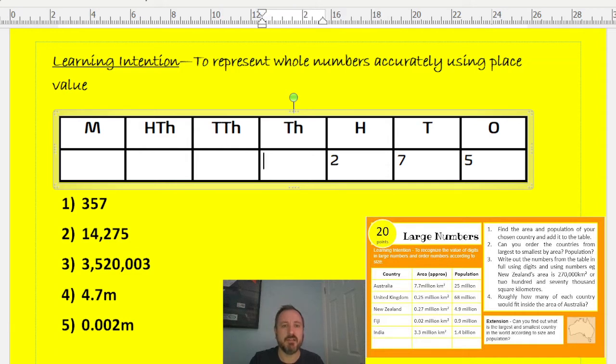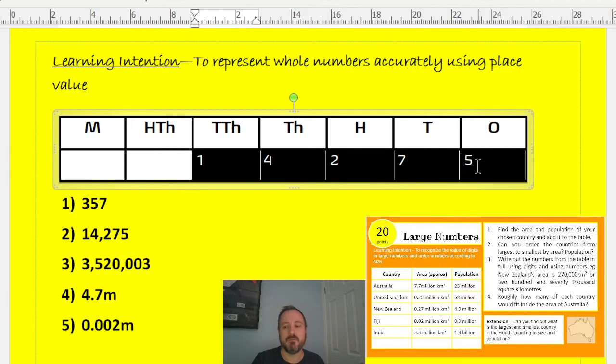So the 14 is going to be 1 for the 10,000s and a 4 in the thousands, because the 14, if we think of 14, it means four lots of thousands, and the 1 means 1 of the 10,000s. So that would read 14,275, and it's written like that on the chart. Let's have a look at the next example.